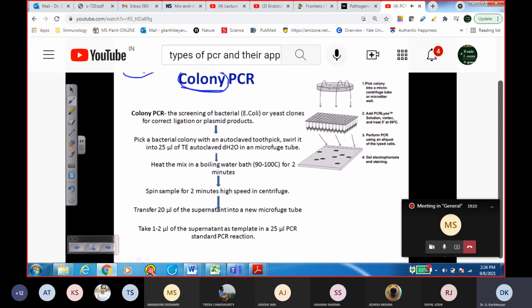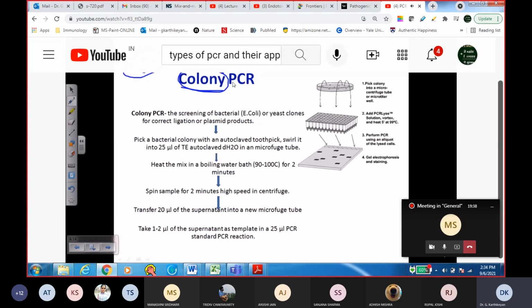Now in previous PCRs, we have seen we take out the DNA only and then go for PCR. But during research work, if we are looking at the genetic expression of a particular bacteria, say bacteria A, we need to look for the gene of bacteria A. We need to extract and purify the gene, and this is a long procedure before any kind of PCR.